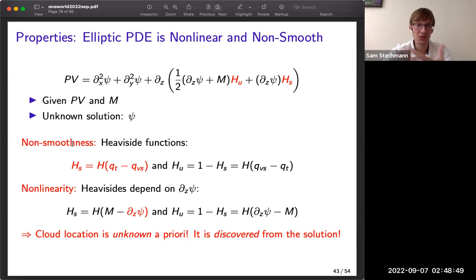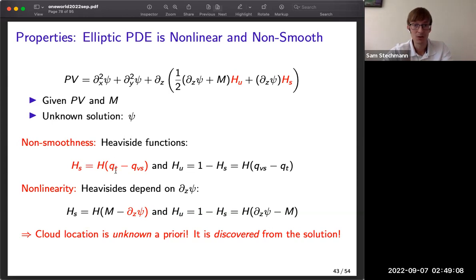The non-smoothness of this is clear because there's these Heavisides that I'm emphasizing. But what's also interesting is this is a nonlinear equation because the Heavisides are determined by the water, QT. But a priori, you don't know the water. You only know PV and M.